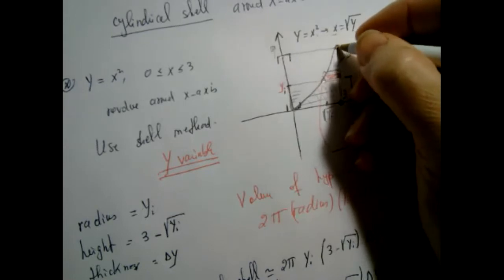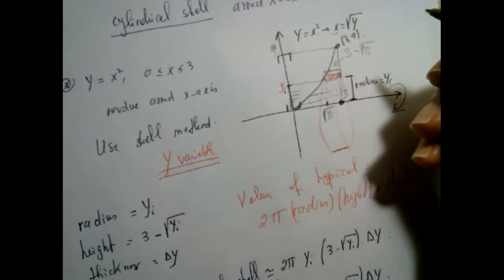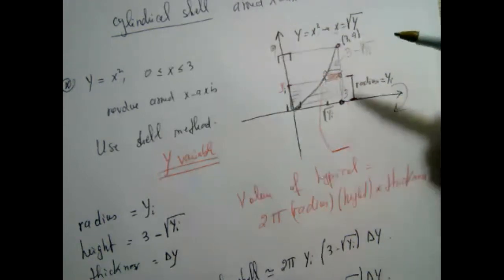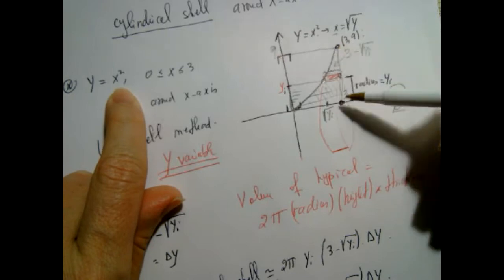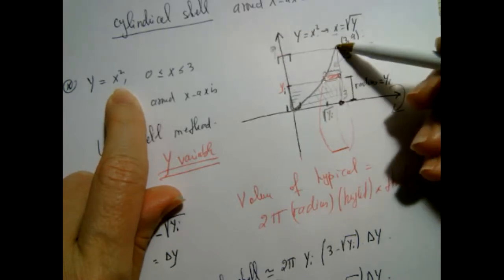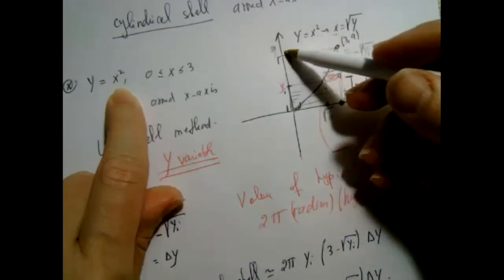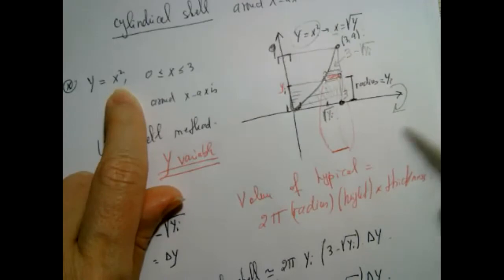This point right there. So you just set the square root of y equal to 3, and then you just solve. You don't have to, because the original curve is y equals x squared. So if this is 3, the y is 9. From the original expression. I didn't really need to do anything at this stage.